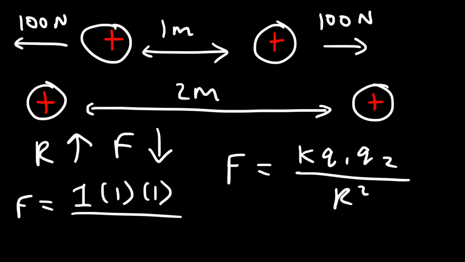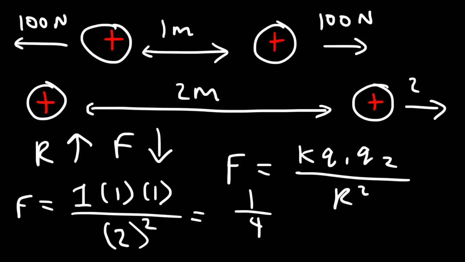Now the distance increased by a factor of 2, and so I'm going to replace R with 2. But because R is squared, I need to square the 2, and 2 squared is 4. So the force is going to be 1/4 of what it was before. 1/4 of 100 is 25. So now the force acting on each charge is 25 newtons.